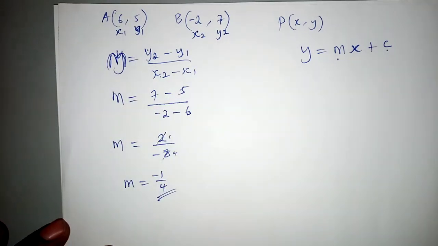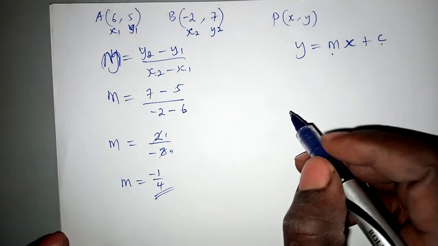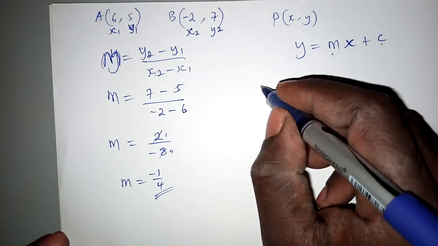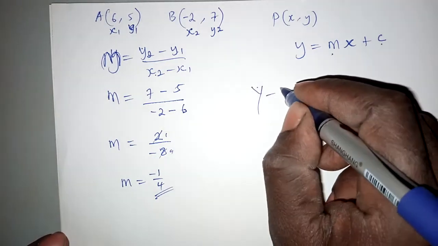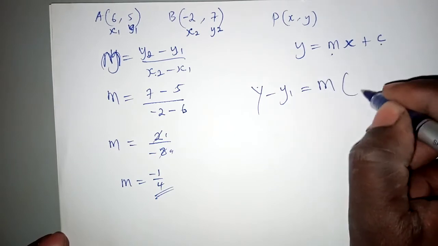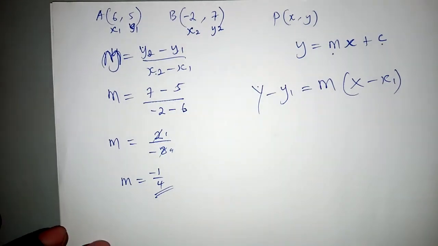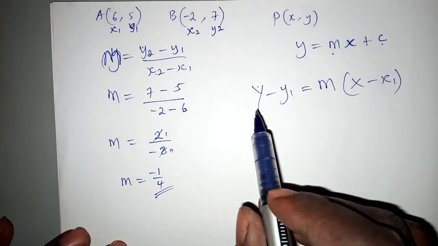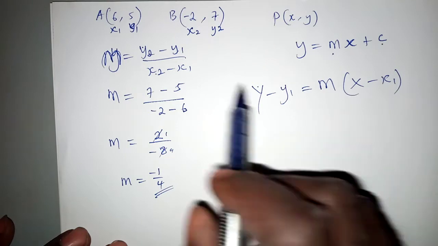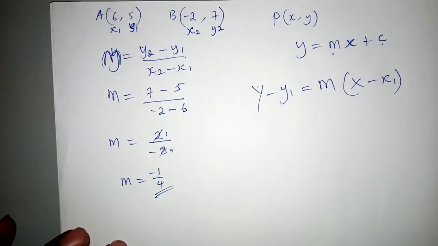To find the equation of the line, we have to use this formula: y minus y1 is equal to m into x minus x1. Let's take this point and substitute it into the given formula, and we already know our gradient, which is -1 over 4.